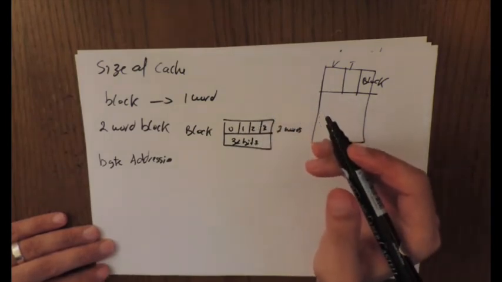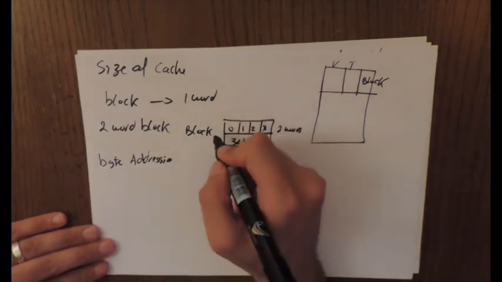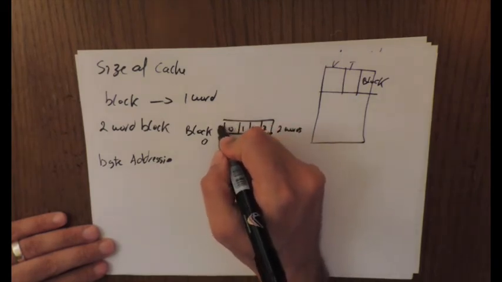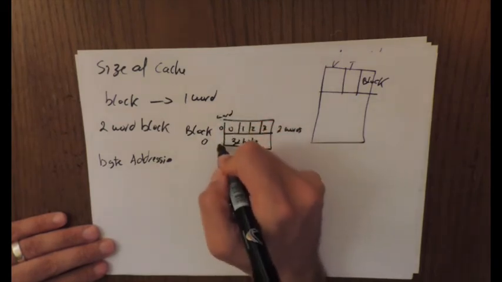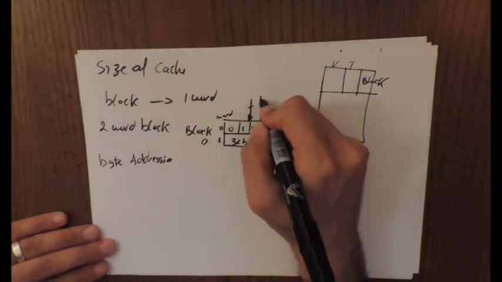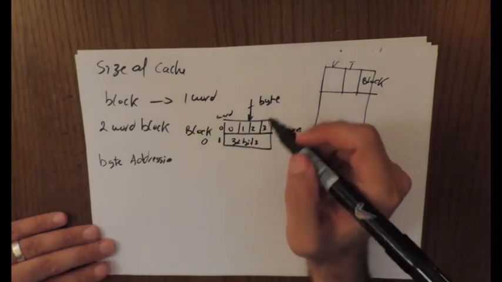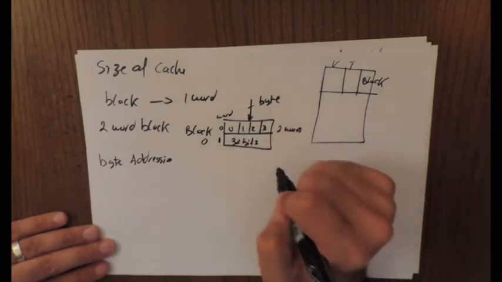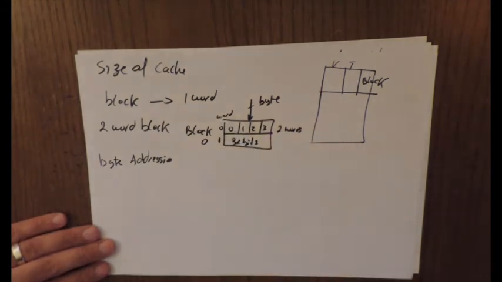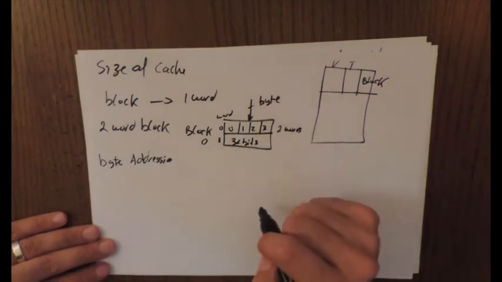So let's say this is block 0. So I have word 0, and I have word 1, and of course I have the bytes. Which byte do I want? I can say, okay, I want word 0, byte number 2, or word 0, byte number 1. So I have access to bytes and to words of each block.